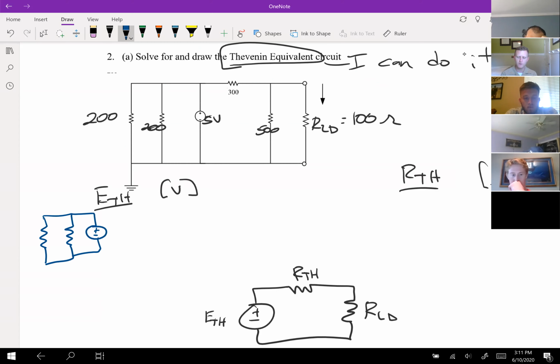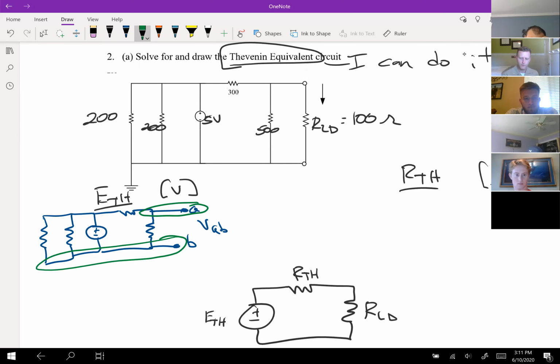I leave everything in place. The only thing different is I remove the load. And right here, nodes A and B, I'm looking for the voltage between node A and node B, which is this node and this node.